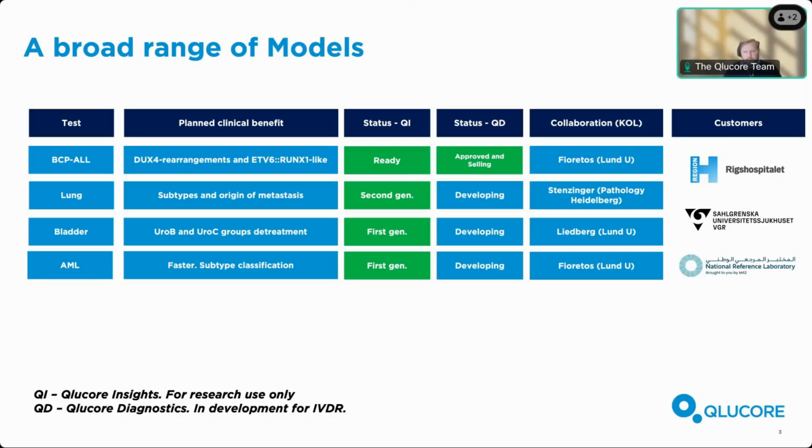Then we have a lung test, a bladder test, and an acute myeloblastic leukemia test. These are the tests that are available as of today. To the right, you can also see some of the hospitals that are using these tests at the moment.